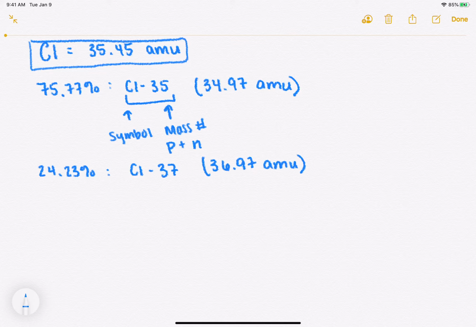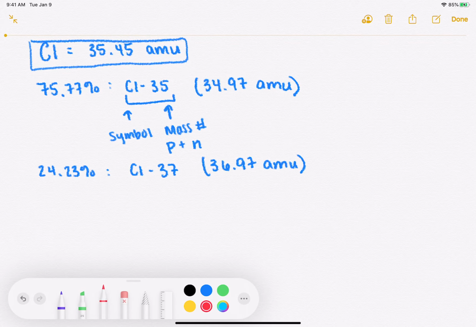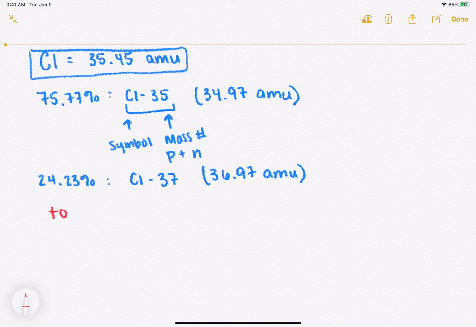And that is our total atomic mass units, so our total AMU. So we know that our total atomic mass is going to be equal to the sum of the natural abundances of both of these isotopes.